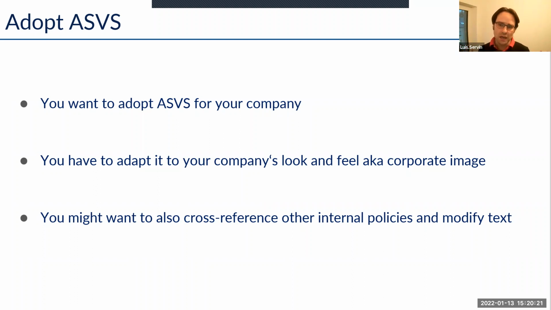I need to transform those levels 1 to 3 into my CIA requirements. I have levels 1 to 3 for C, 1 to 3 for I, 1 to 3 for A. What does it mean to be in level 1 compared to our CIA levels? This is the description I make. This is how the company I work for interprets this. So we move away from OWASP and make it our company's, or mine as a consultant, or whatever you want to use it for.